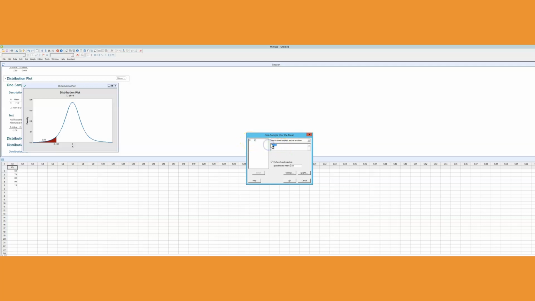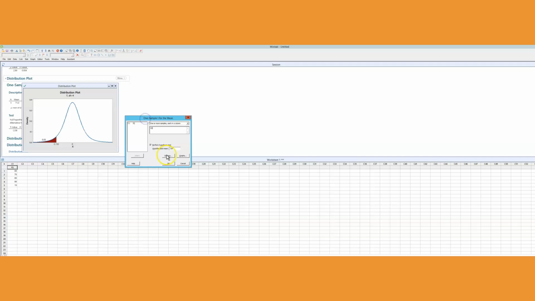Let me go ahead and delete this. Sometimes you can click on that. It moves, and the hypothesized mean is 100. We're going to check the perform hypothesis test, and we go to the Options, make sure that's 95%, and the mean is less than, and we're going to click on this.